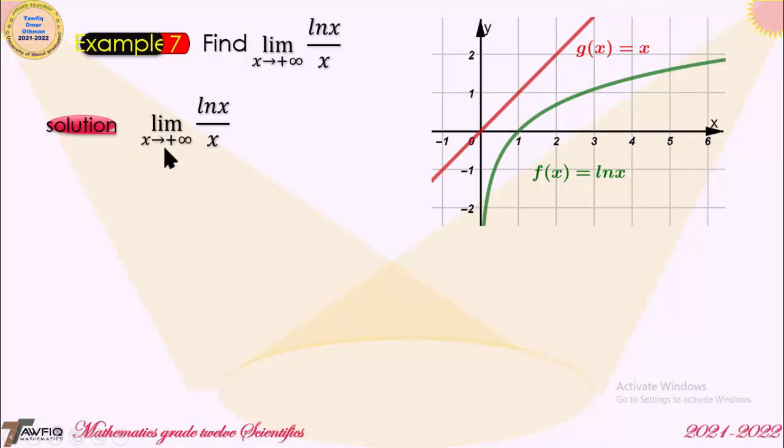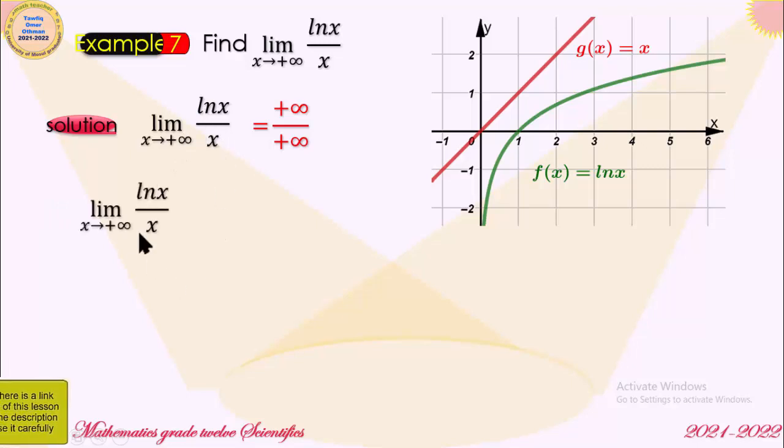Therefore, the limit as x approaches positive infinity of ln x over x is positive infinity over positive infinity, which is an indeterminate form. Therefore, we must take the derivative of the numerator and denominator.